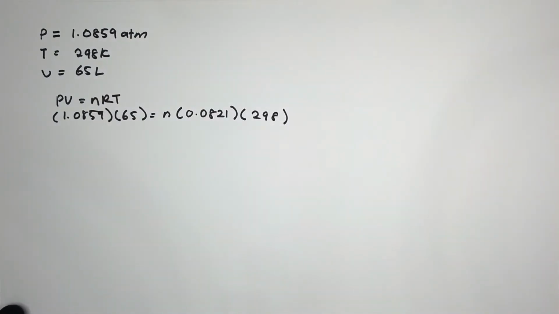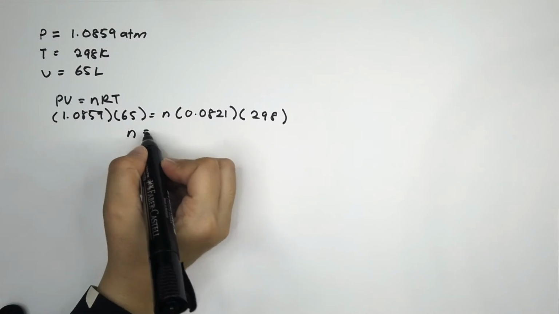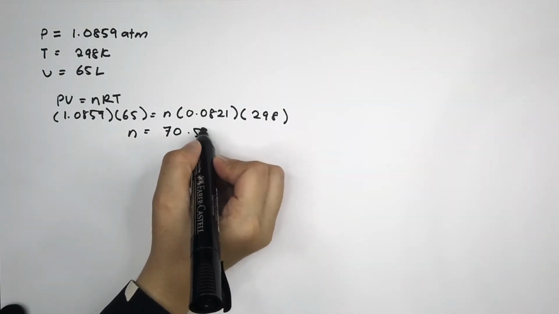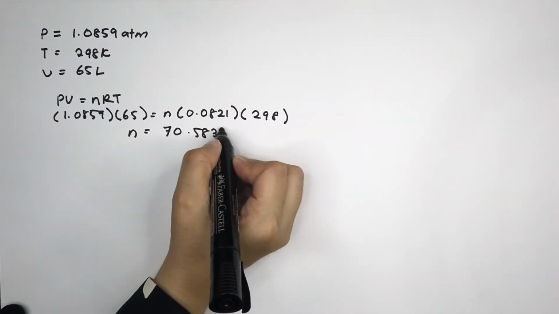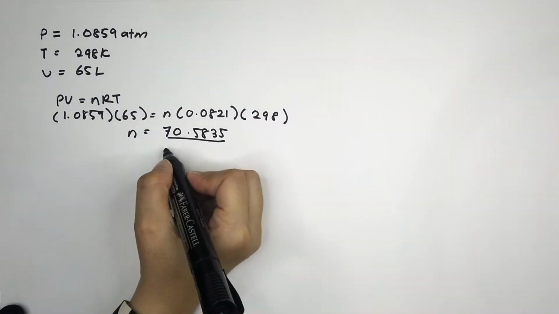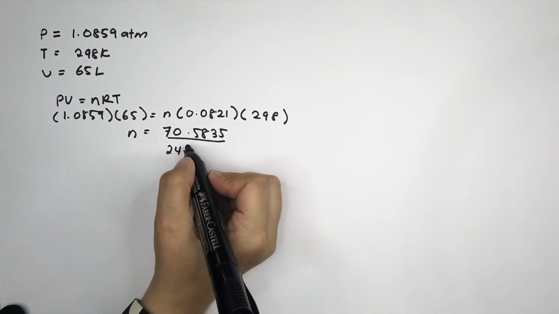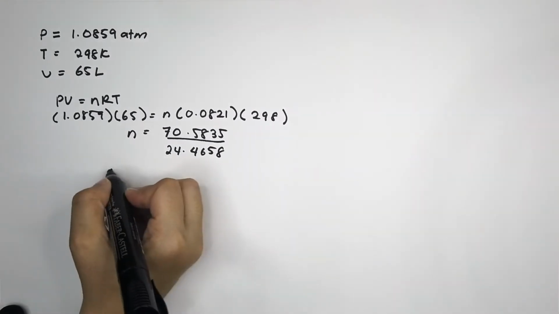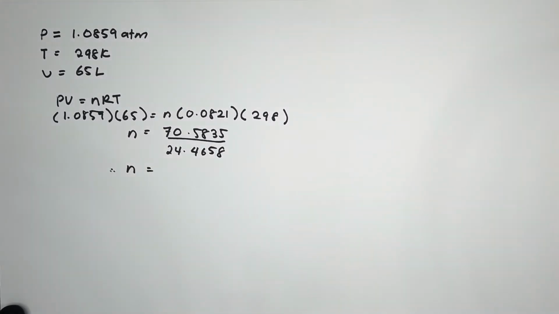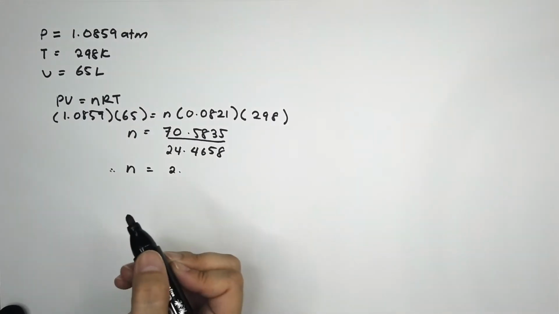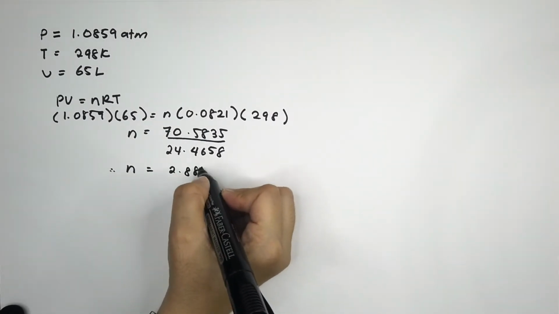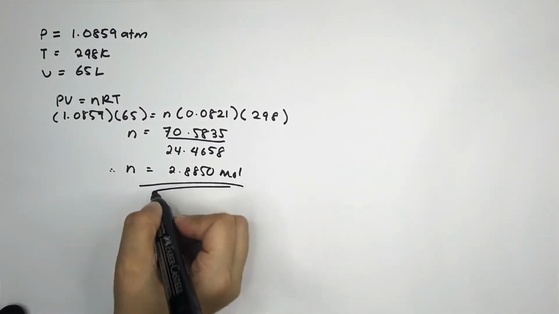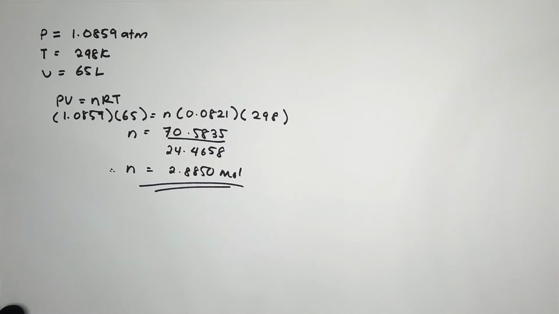From here you should get n equivalent to 70.5835 divided by 24.4658. Therefore, you should get your n equivalent to 2.8850 mole.